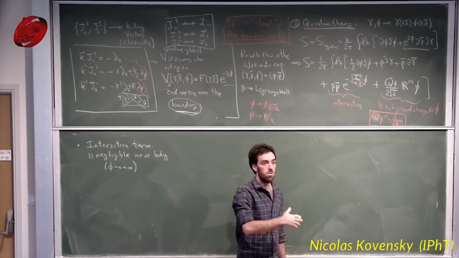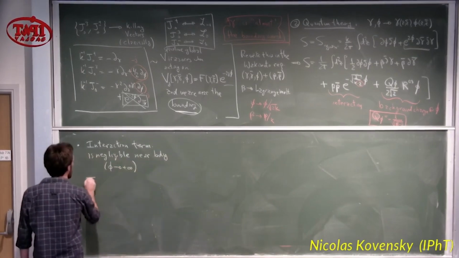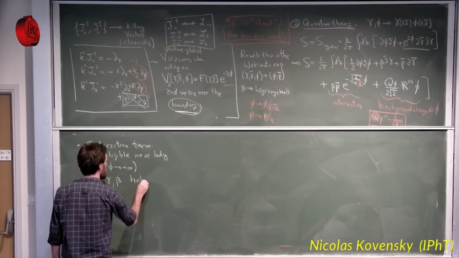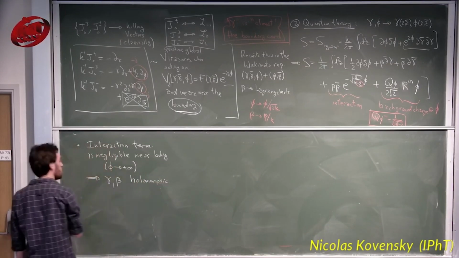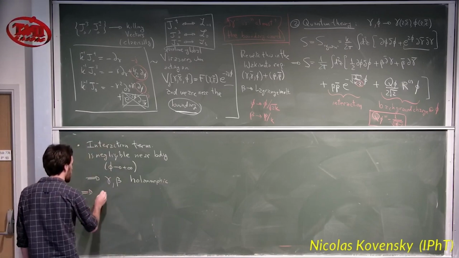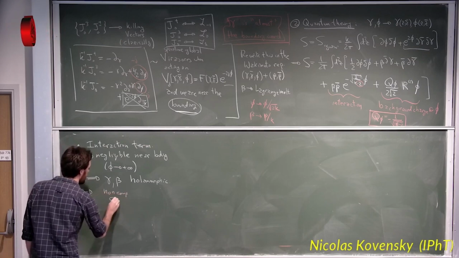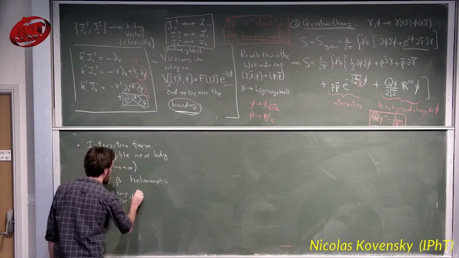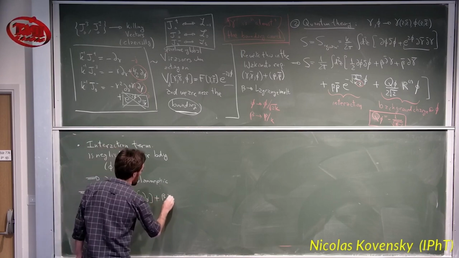So this interaction term you can just ignore near the boundary, right? If you do that, you get gamma and beta as holomorphic fields in that region. And you can think of this, as I was saying, as a non-compact scalar phi with a background charge plus a beta gamma system.